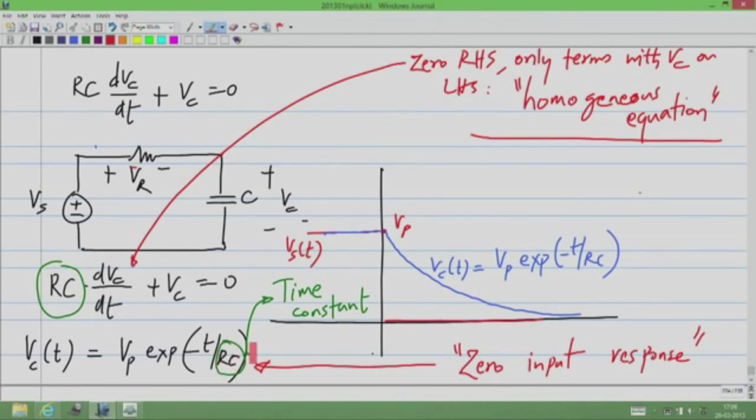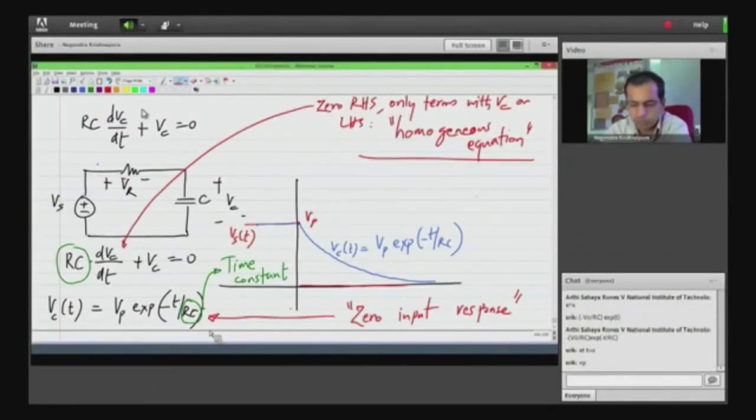It's called time constant because clearly Rc has dimensions of time. We have exponential minus t by something. So this has to have dimensions of time, so that inside the exponential we have a dimensionless number. So this is called the time constant. Any questions about this?